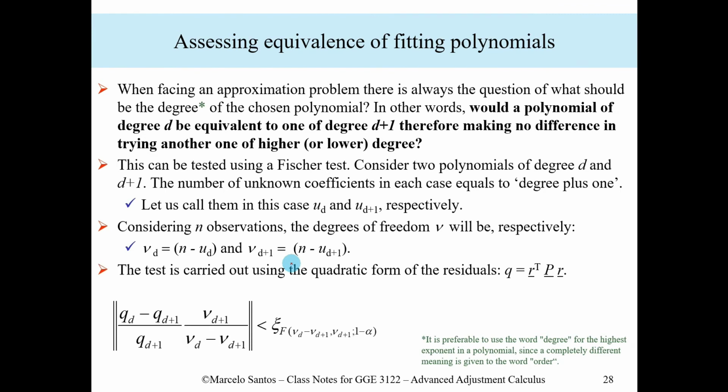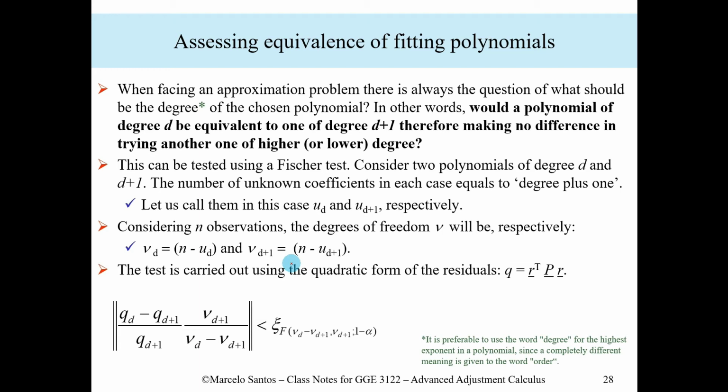Let me talk about assessing the equivalence of fitting polynomials. This is interesting because if we have an approximation problem, there is always the question of what should be the degree of the chosen polynomial. Should it be a straight line? Should it be quadratic?